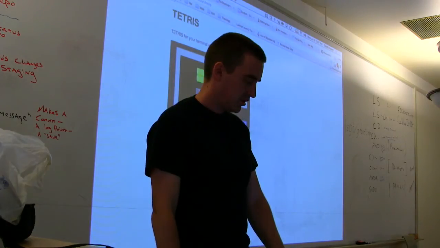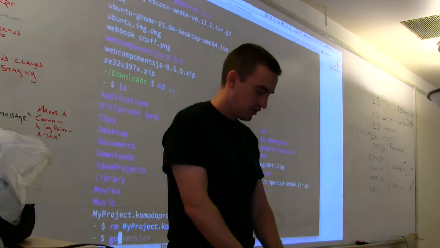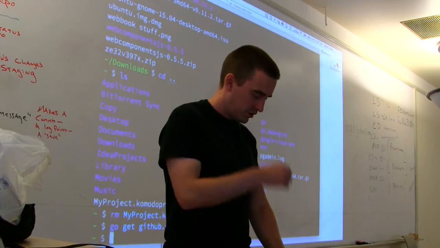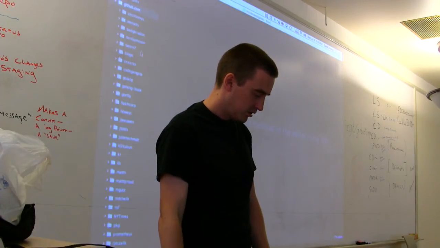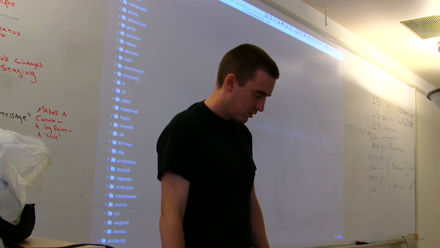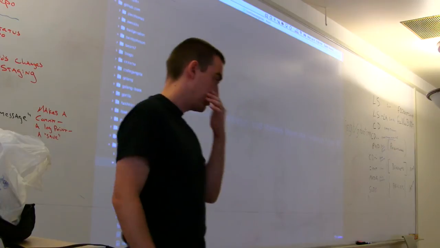Just like we saw with Gulp, and then we also saw this with Bower, there's a certain way that when you download other people's code to use it, Gulp and Bower have a certain way of storing other people's files. You can look in the directory and traverse those. The way for storing files in Go is you have something called a workspace, and that workspace is where you're going to do your work.